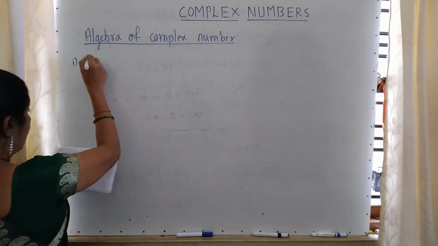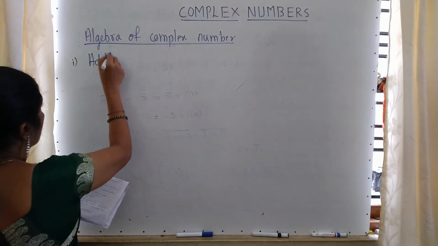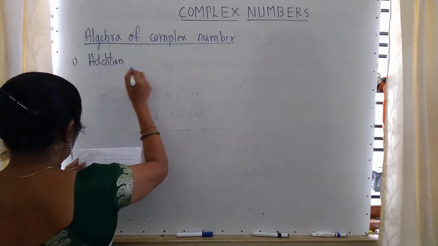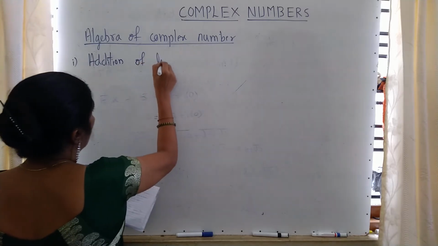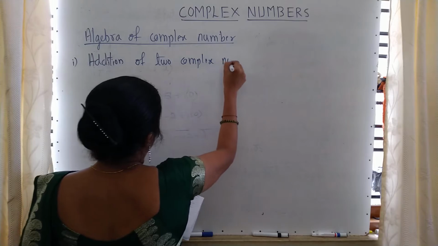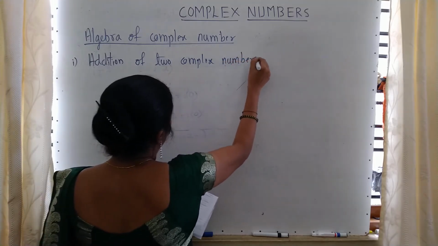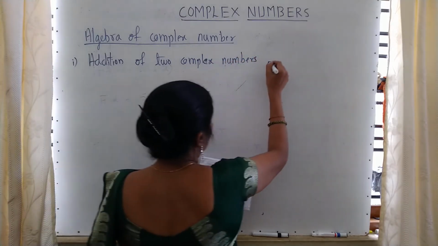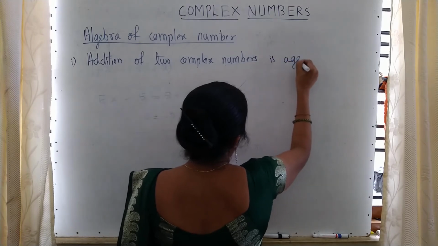The first one, addition. Not only 2, you can add more than 2 also. Addition of 2 complex numbers is again a complex number.